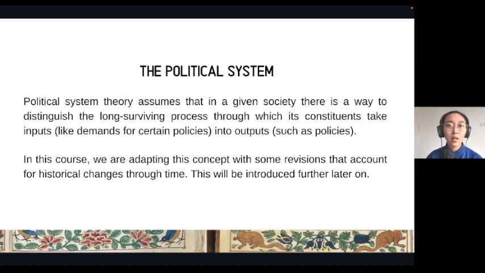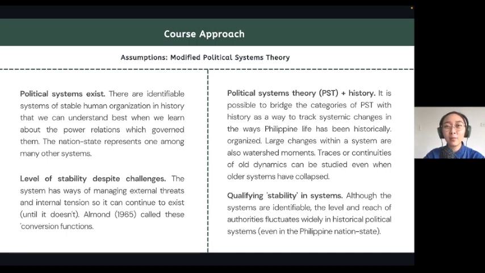Revolts or even policies that they want to push for, or different cultural systems that will be introduced. And what do they do afterwards? Do they convert them into actions that represent those inputs, or actions that would contradict what people wanted to happen within that system, right? So it's a very vague idea for now, but we're going to describe that in the following slides. Pero tignan muna natin yung assumptions of modified political systems theory.